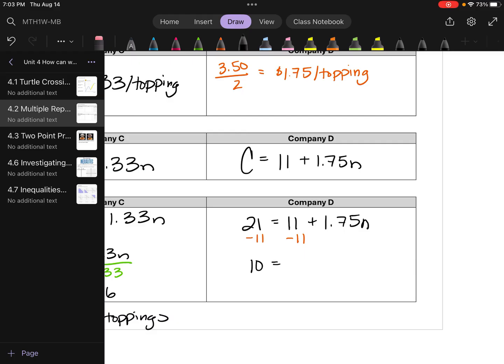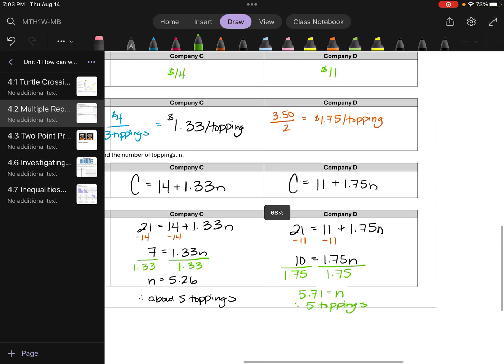I end up with 10 is equal to $1.75 per topping. And then to undo the multiply by $1.75, I'm going to divide both sides by $1.75. And I end up with 5.71 is equal to n. Therefore, 5 toppings.